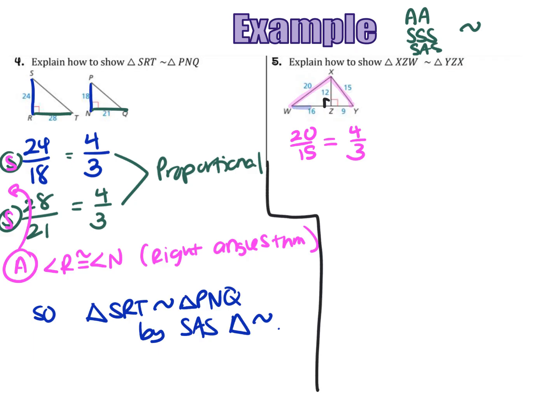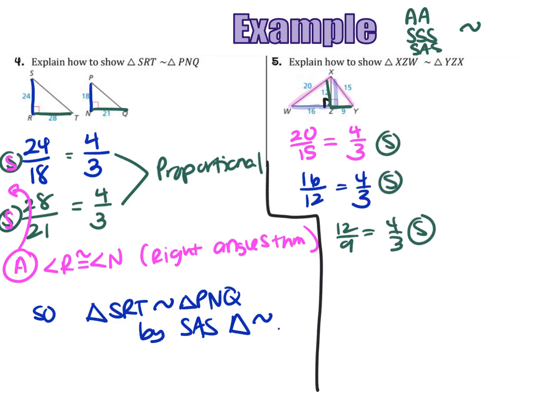Then let's compare the longer side of each triangle. So the longer side here would be 16, the longer side here would be 12. That's going to simplify to be 4 over 3. And then the remaining side, which would be 9 and 12. So 12 over 9, which is 4 over 3. So we have our 3 sets of sides that are all proportional because they all simplify to be the same ratio.